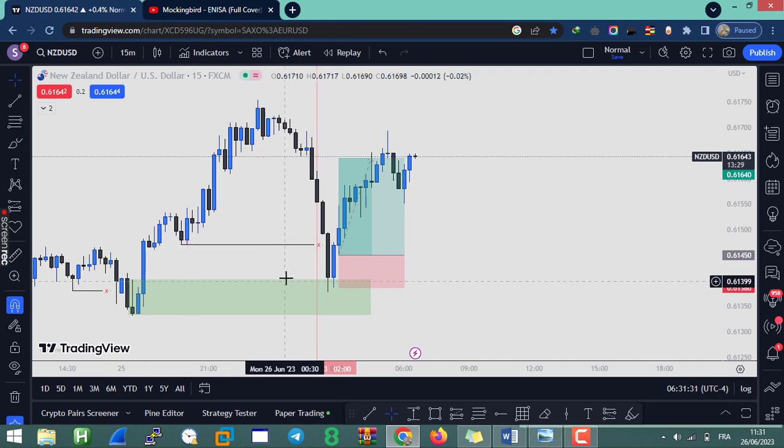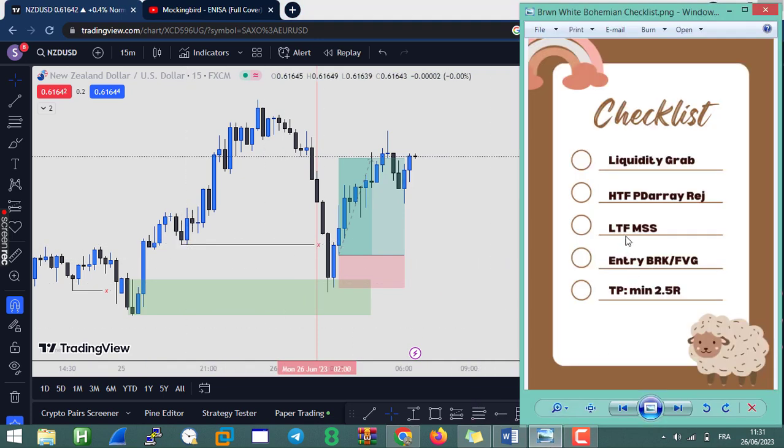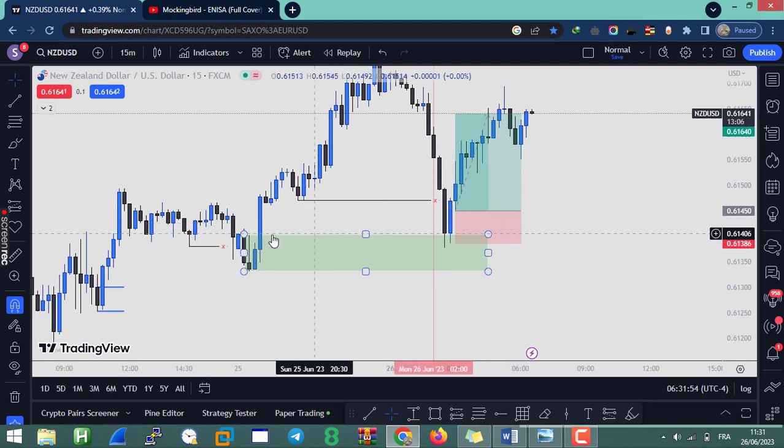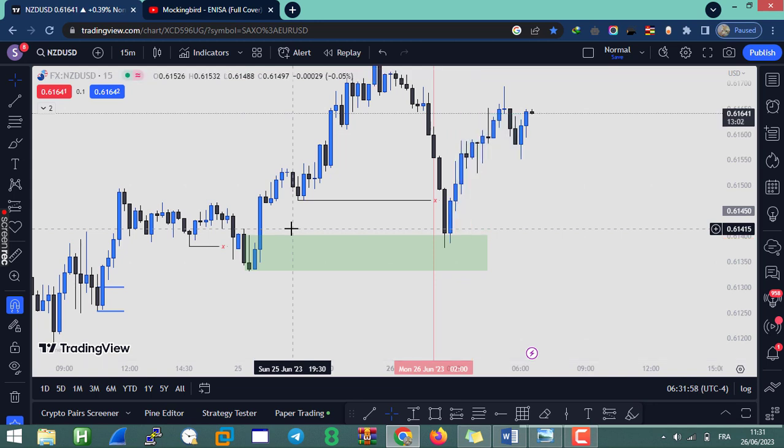The next condition is higher time frame PDA rejection. You can see that first of all, I was marking this fair value gap right here. I was expecting price to reject from this fair value gap. What happened is that price breached this fair value gap. So the next PDA is this order block right here: the two consecutive down-close candles before the big move.